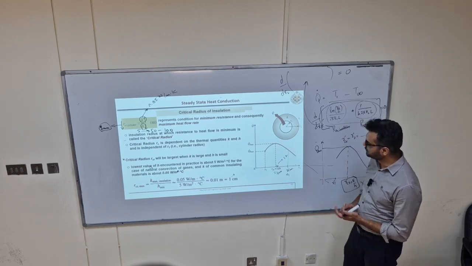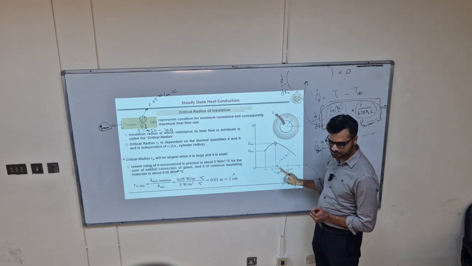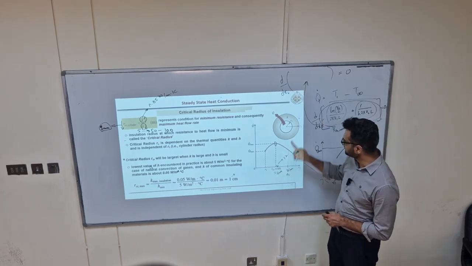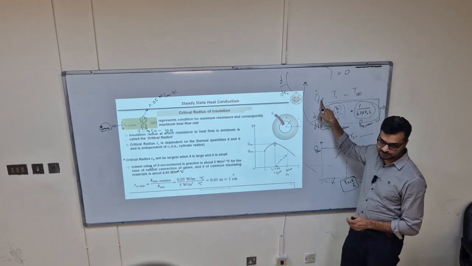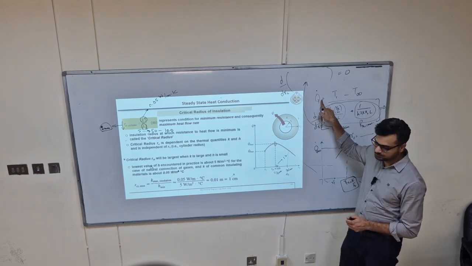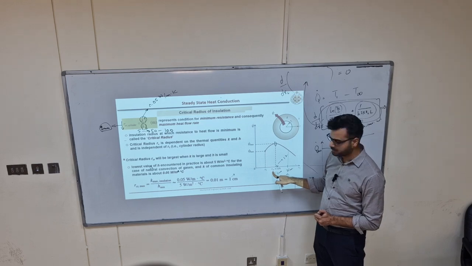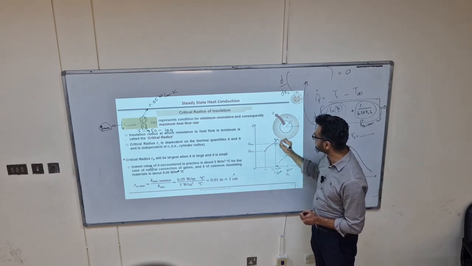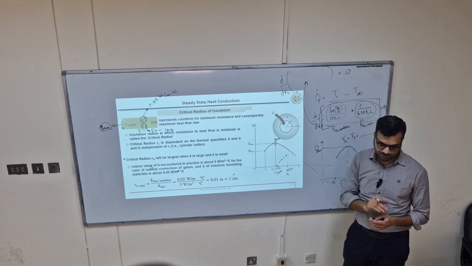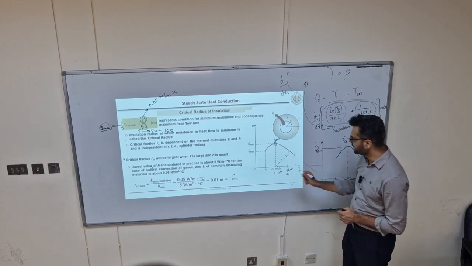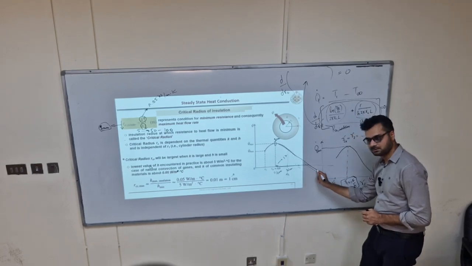So you want to know this point, and we have this formula, K over H. Whatever insulation you are using and whatever is the H in that ambient, use these values to find the critical radius of insulation, and that comes out to be 1 centimeter. Your inner radius is 1 centimeter, for the pipe which you are using. It means by increasing insulation, heat loss will drop.